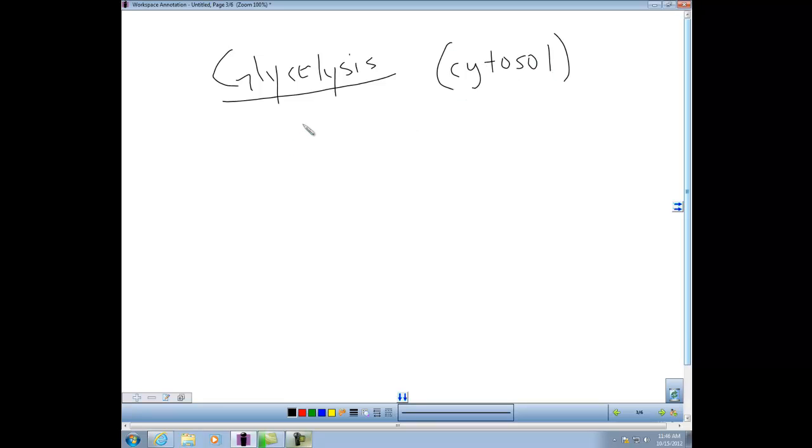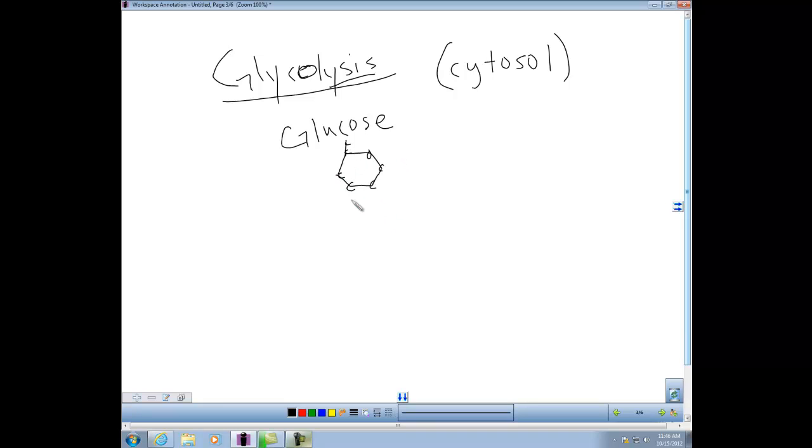So glycolysis, we're starting with our sugar here, and glycolysis means to break apart. Lysis means to break apart, and glyco is referring to the sugar glucose. So we're starting with our C6H12O6. Here's our sugar molecule. And remember, we've got a bunch of carbons at every junction here.